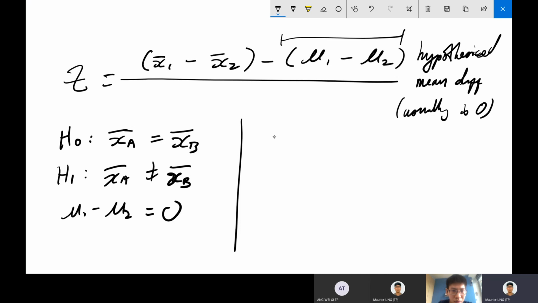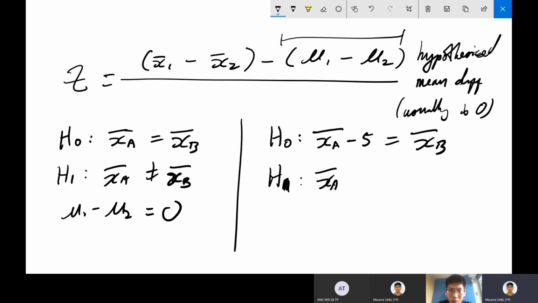But there can be a different case whereby I say that the average of A minus 5 is equal to the average of B, versus the average of A minus 5 is not equal to the average of B. In this case, mu A minus mu B is actually 5.